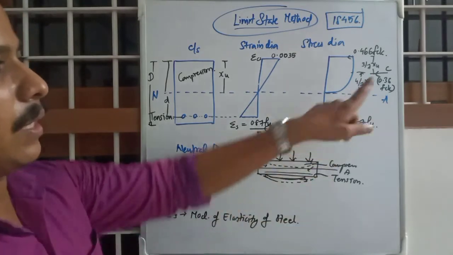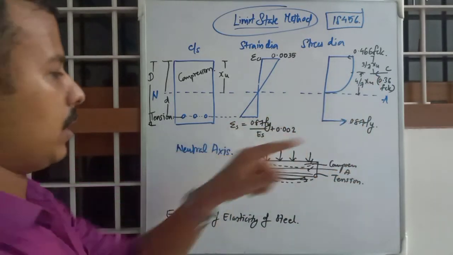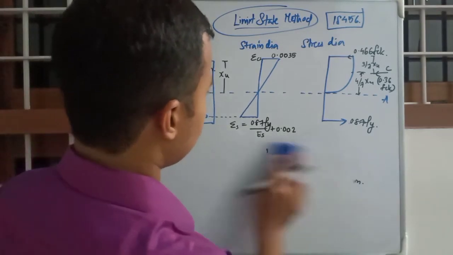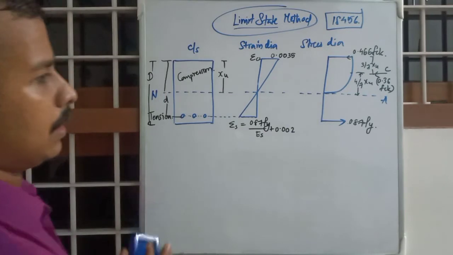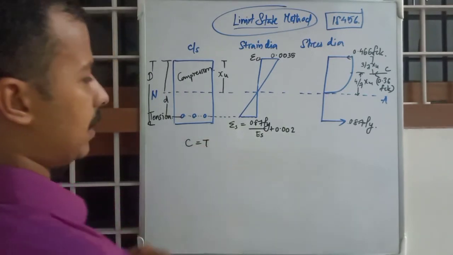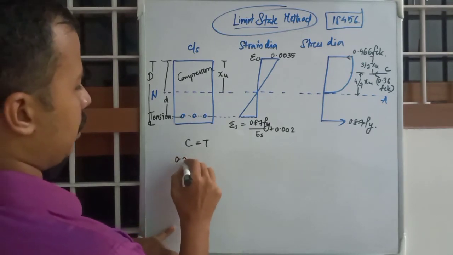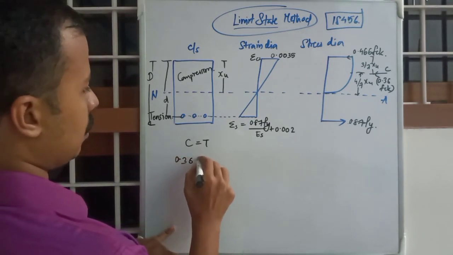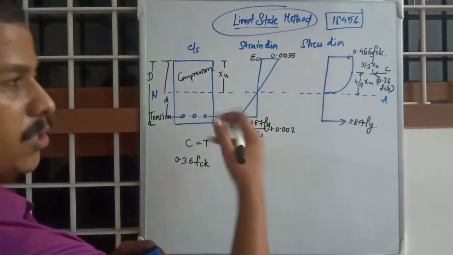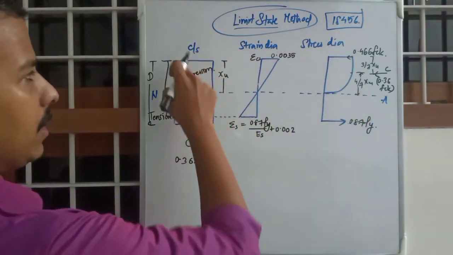Okay, so now we want to equate these two. Which two? Compressive force and tension force. So we want to equate compressive force with tension force. That is 0.36 Fck, that is the compressive stress acting on this area, into the area.